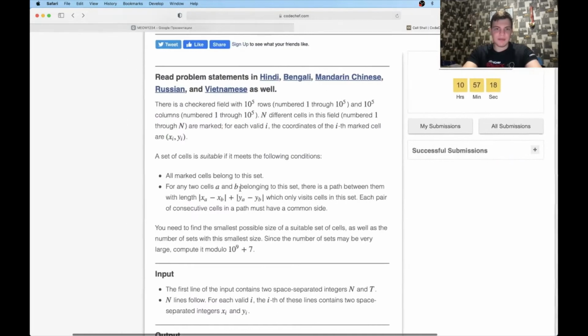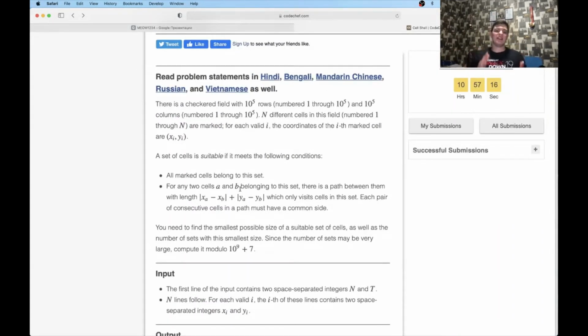In this problem, you were given some n cells initially, and you wanted to add some additional cells to your set of initial cells, such that for every two cells there was a path whose length was the difference between the x's plus the difference between the y's of those two cells.